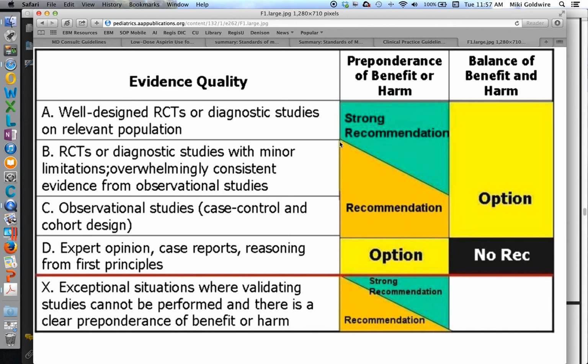We can see that this could be a strong recommendation or a recommendation because of the way it falls within the balance between benefit or harm. Data from observational studies is a recommendation. And then expert opinion is an option. That's a level D.